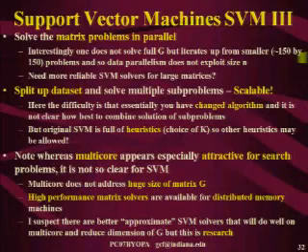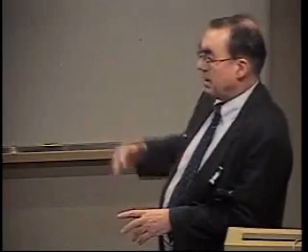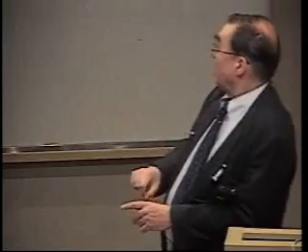So the first approach is to solve the matrix problems in parallel, because these are just matrix problems, and we know how to solve matrix problems in parallel. So you take the full problem, and it turns out that these people claim you cannot solve the full matrix G directly. You have to use some iterative approach solving smaller matrices, and they actually choose around 150 by 150 as the smaller matrix.